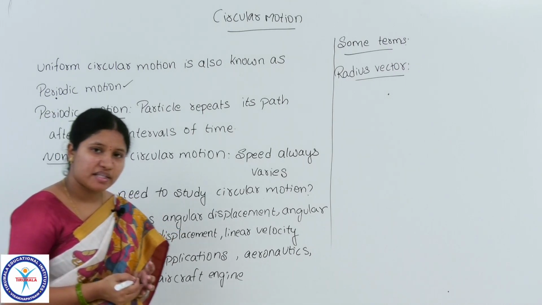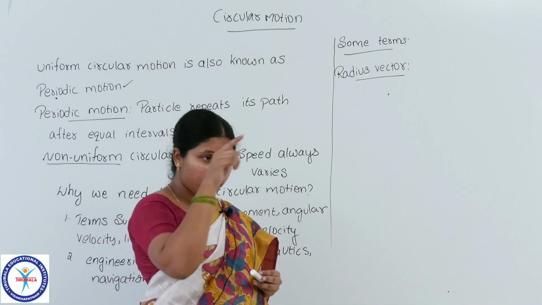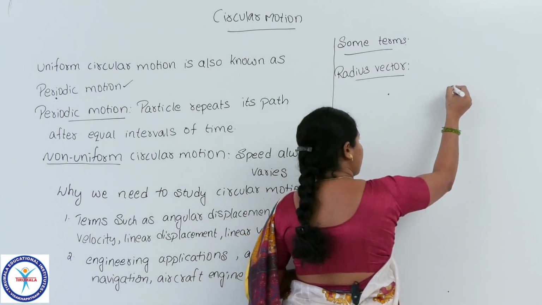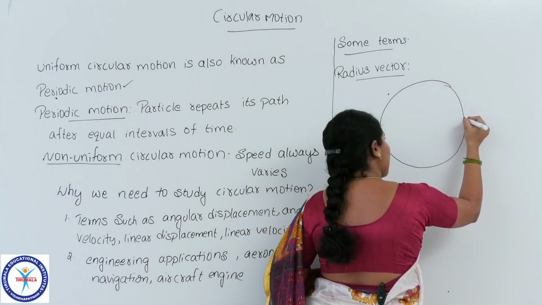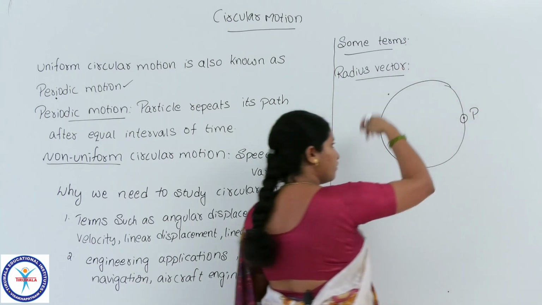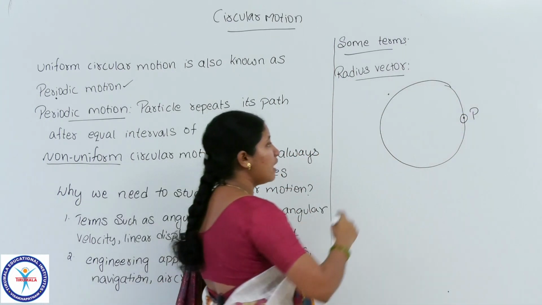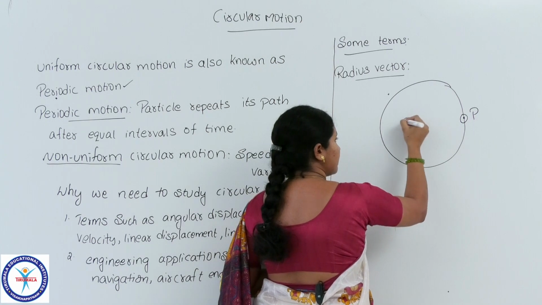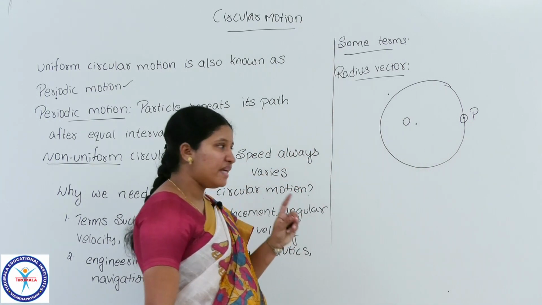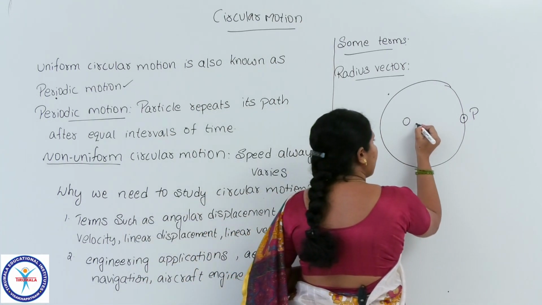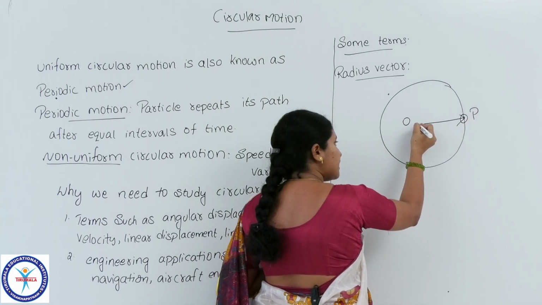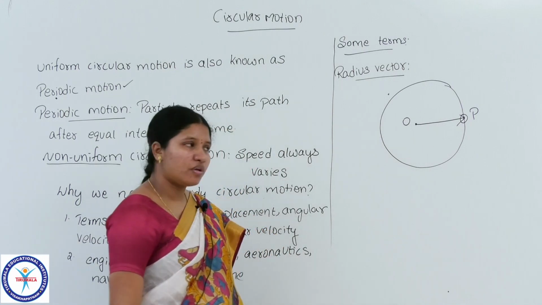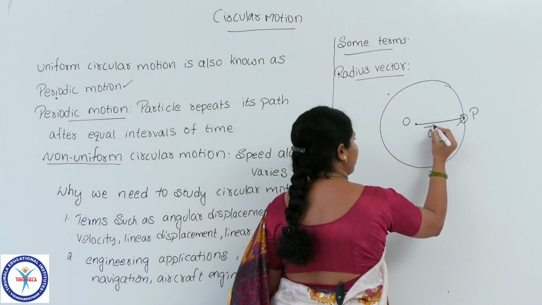When a particle is moving along the circumference of a circle, if this is the circular path and this is the particle P which is moving along the circumference of the circle, and let O be the center of the circle, the line joining the position of a particle at any time from the center of the circle is known as radius vector.